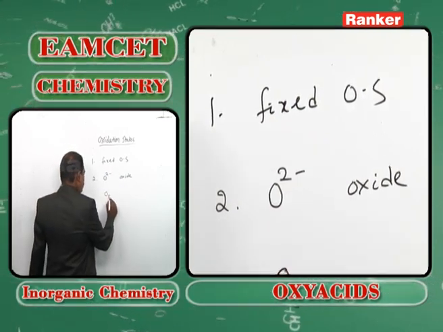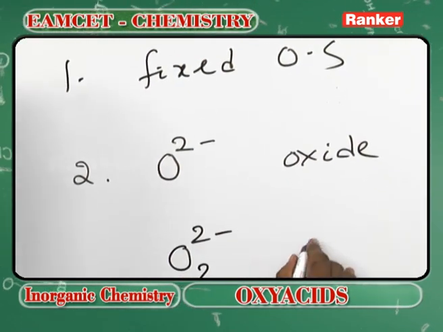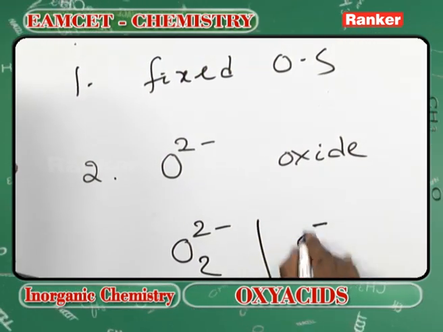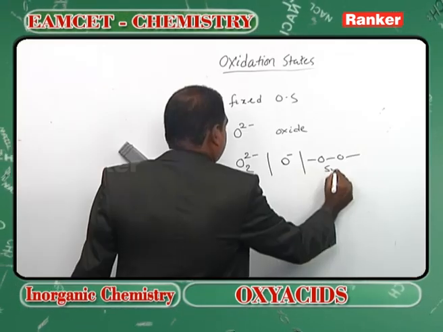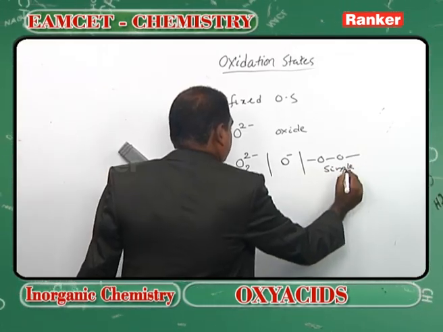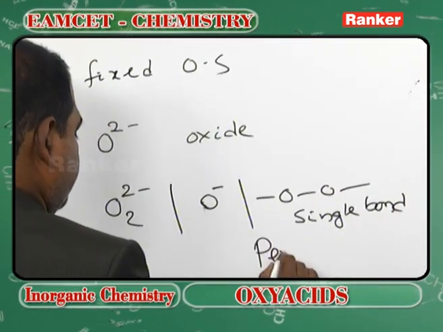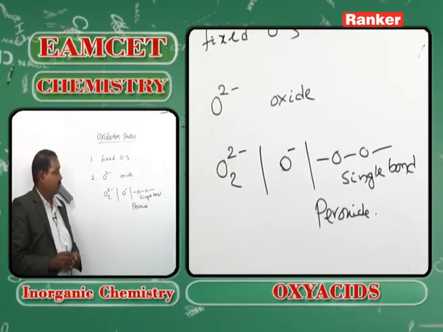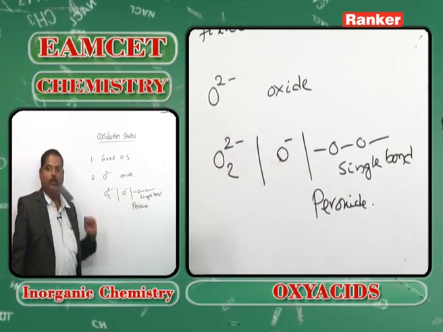O2 2-, two oxygens put together getting 2-, or one oxygen just 1-, O-, or an oxygen single bond, this is called a peroxide. A substance containing an oxygen single bond is called a peroxy compound.